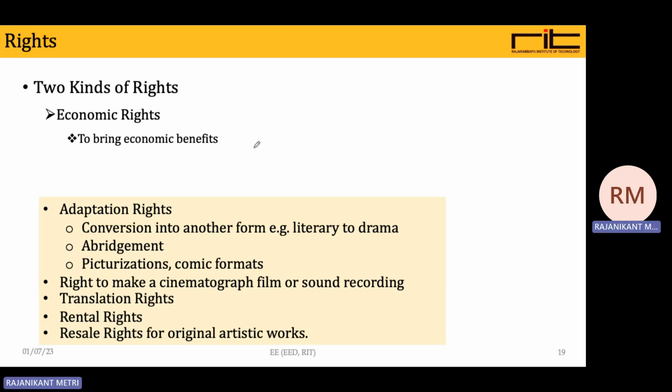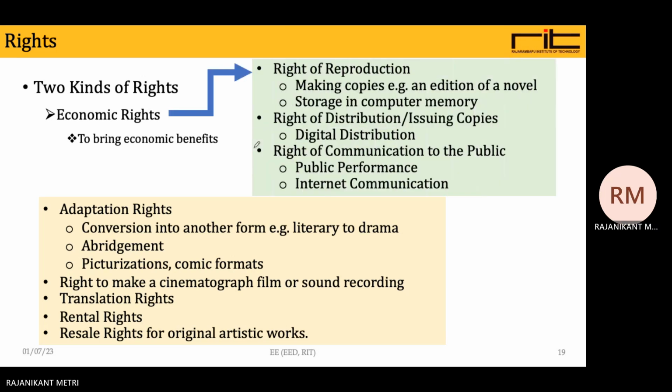Then in the second type, that is economic rights, it includes right of reproduction, that is making copies or an edition of that particular novel. If you have written some novel and you are making copies of it or you are making versions of it, one other person cannot do that.